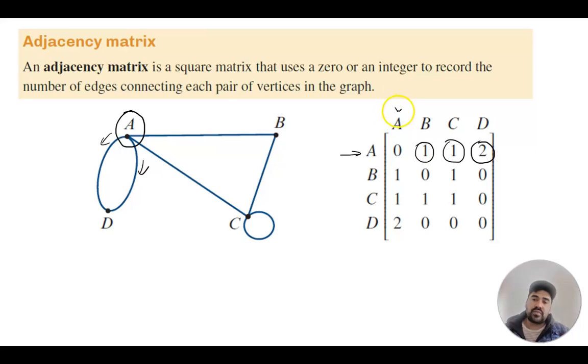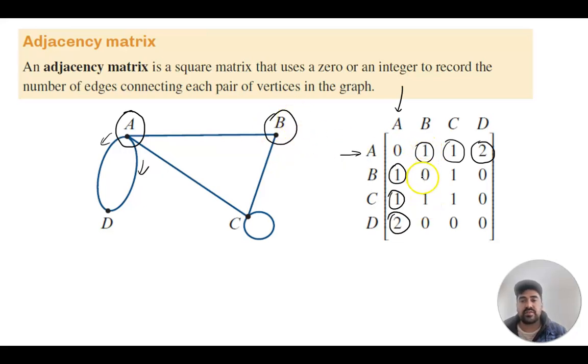If you read the same information down, it's also the same thing, because the connections are two-way. So you'll have 0, 1, 1, 2. You will see this sense of symmetry that happens. And then you just go ahead and do this one by one, marking off every single vertex as you go across. So B has a connection to A, there's 1. B has a connection to C, there's 1.